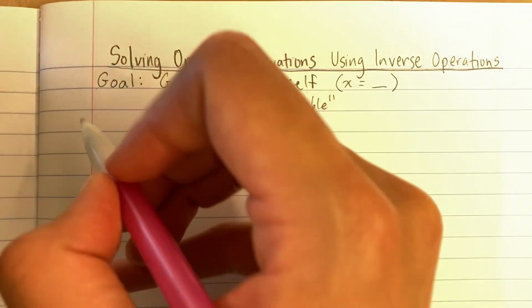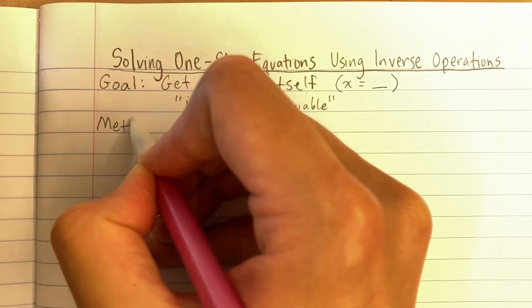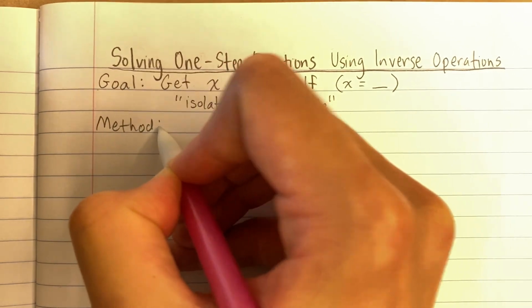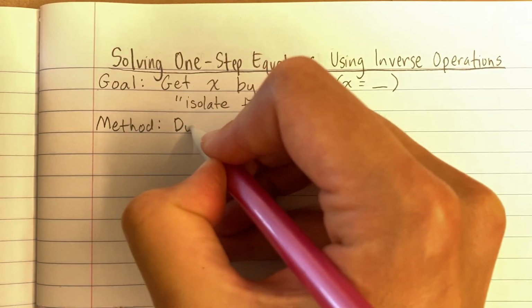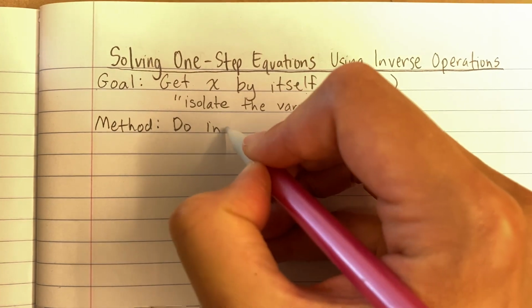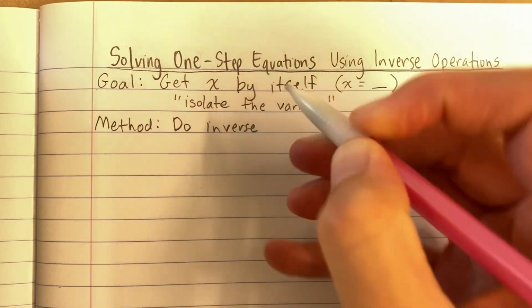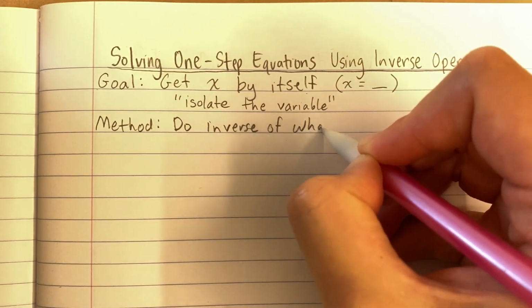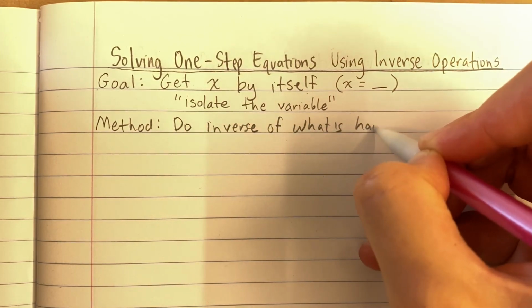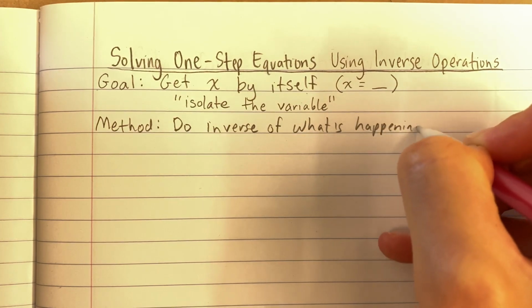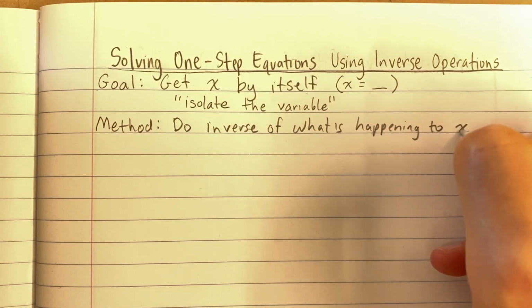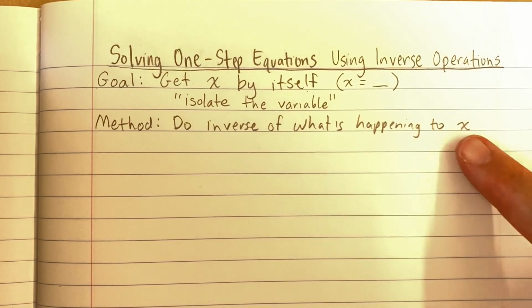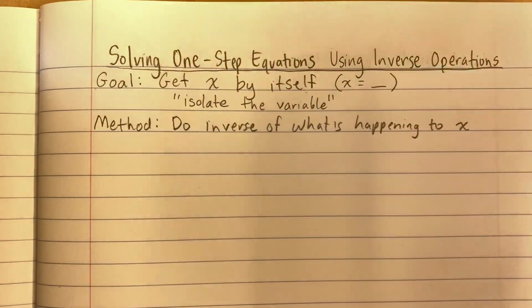Okay, now here is how we reach that goal. Here is our method. We do the inverse of what's happening to x. So whatever's happening to x, we're going to do the inverse.